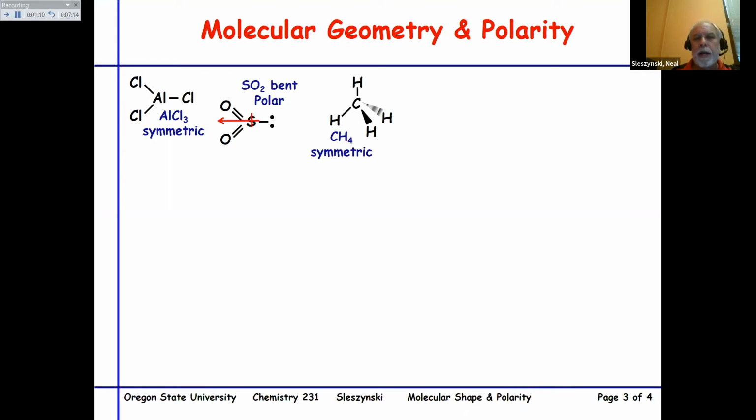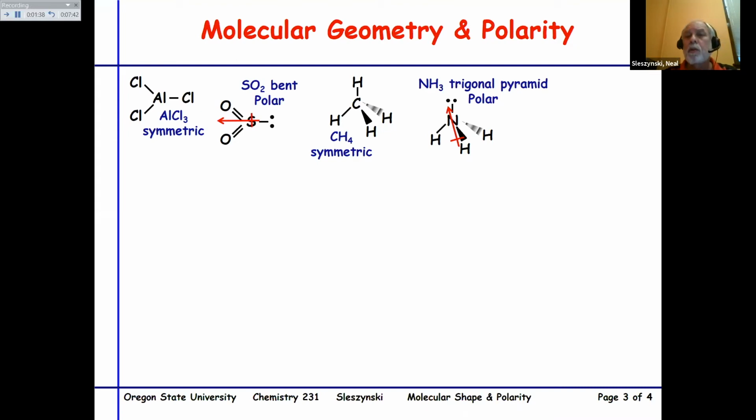Well, let's go ahead and take a look at our methane example. We know that carbon-hydrogen bonds are not polar, and the molecule is completely symmetric, so methane is nonpolar. If we take a look at our nitrogen version of that molecule, which is ammonia, we have a difference in electronegativity between nitrogen and hydrogen, and the molecule is asymmetric.